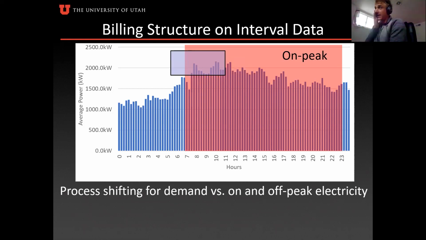And so just to think about on-peak or demand versus on and off-peak electricity, if we can shift a process, half off-peak and half on-peak, will that benefit lowering the demand or lowering the bill with on and off-peak electricity more?